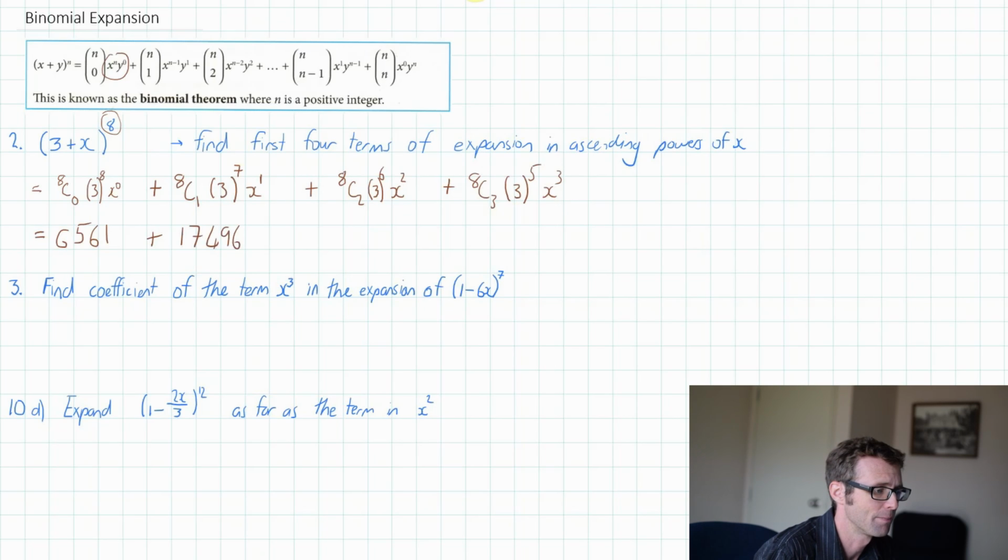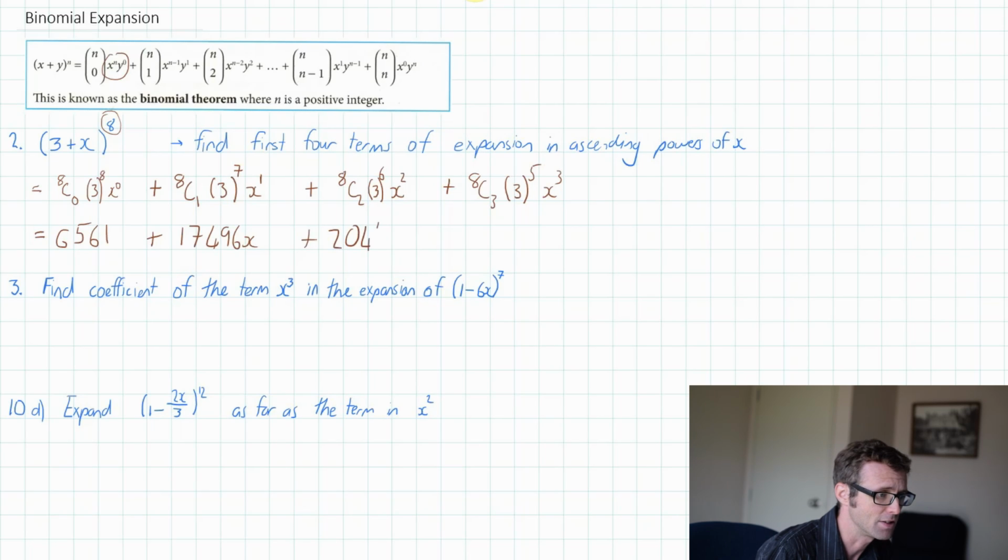17,496 x's. My next term is 8 choose 2. So I type in my calculator 8 choose 2, and I get 28. And I'm multiplying that by 3 to the power of 6, and that gives me 20,412.